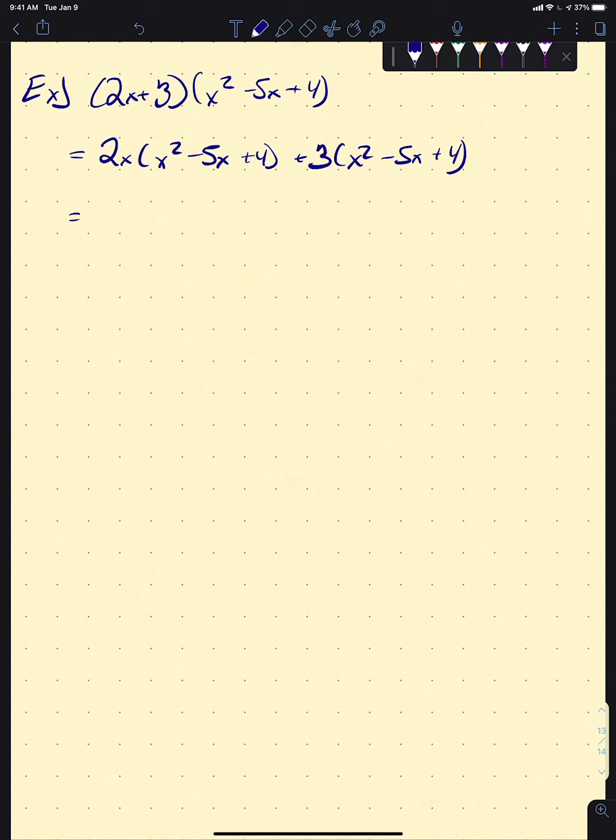We can take these one at a time and then combine like terms. 2x times x squared is 2x cubed. 2x times minus 5x is minus 10x squared. 2x times 4 is plus 8x. And we get 3x squared. 3 times minus 5x is minus 15x. 3 times 4 is 12.